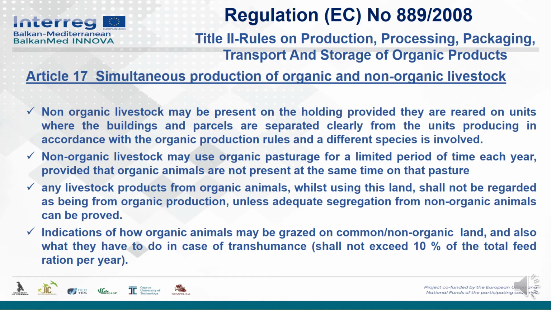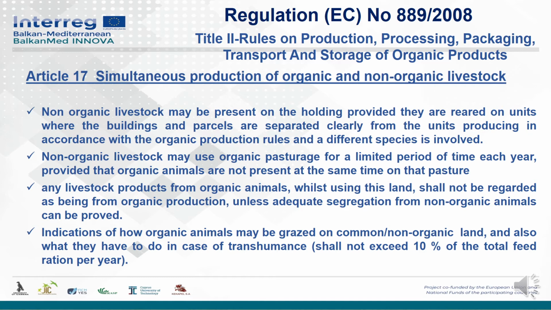So if you understood, in this case we can have parallel production. It is important they have to be in separate units and they have to have different species. So the non-organic one must not have the same species as the organic one, even if they are separated.